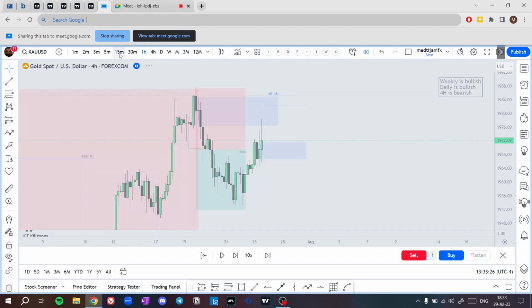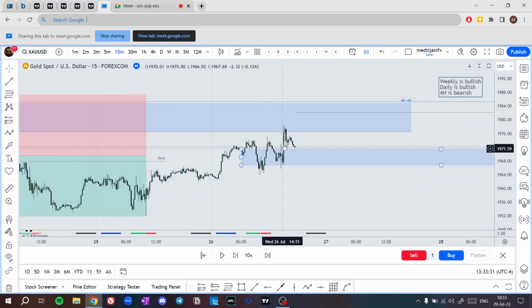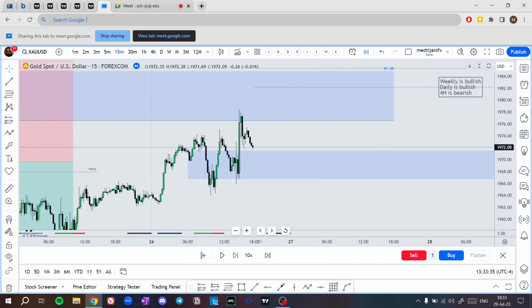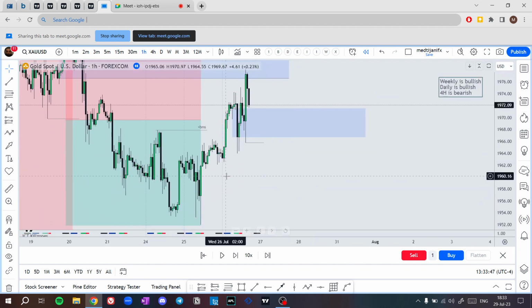So price took this high as a confirmation, and it is retracing from discount to premium for price to drop lower. So if we go back to the 15-minute time frame right now, what do we see? We see price has tapped into this level here. We're waiting for a shift in market structure. I want to see price take this low before engaging with sell entries, because as I told you, we don't pick the high. The hourly here is still bullish, because price broke market structure, went higher, retraced to discount of this range from this low to this high, then went higher.